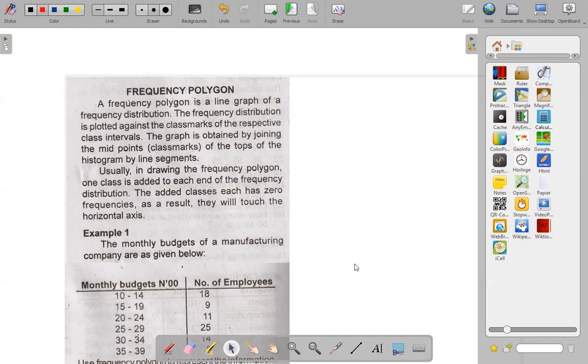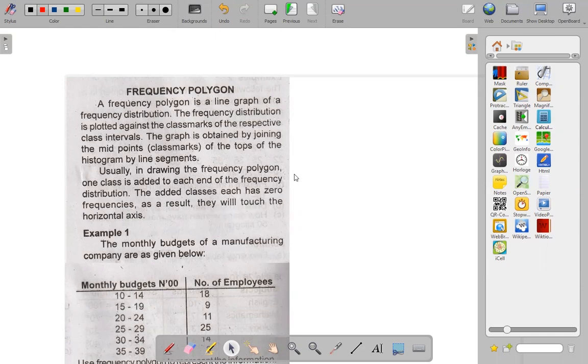That means we first draw a histogram and then join the topmost part of each of the bars with a line segment. Usually, in drawing the frequency polygon, one class is added to each end of the frequency distribution. The added classes each have 0 frequencies. As a result, they will touch the horizontal axis.